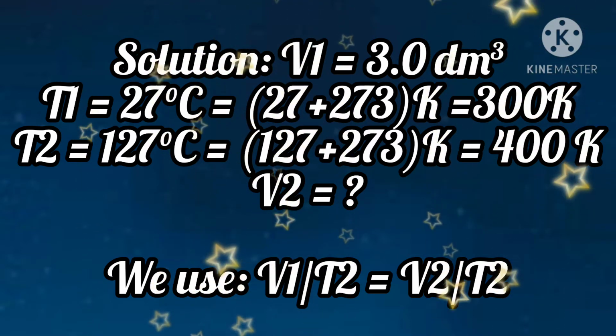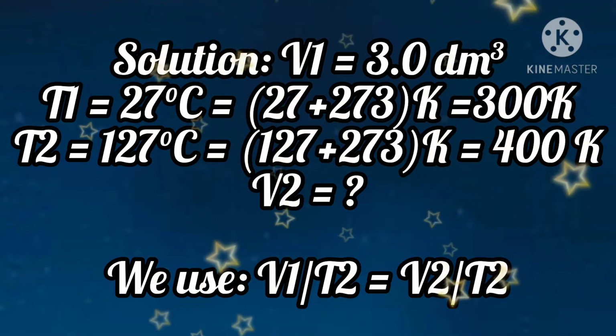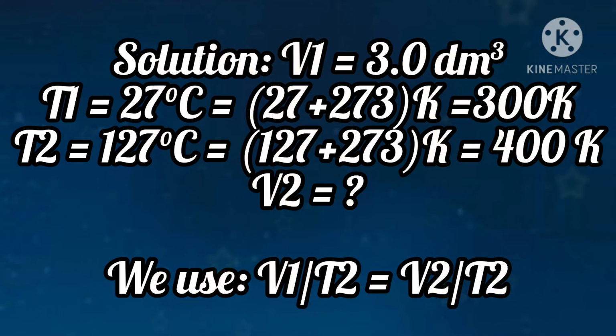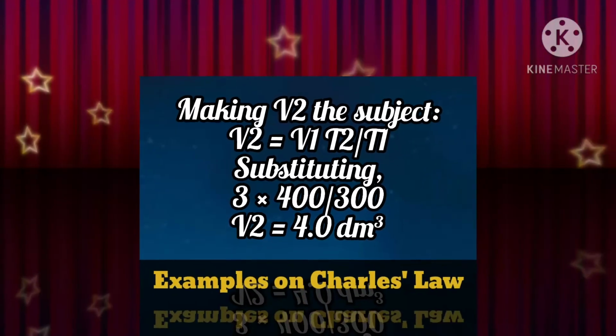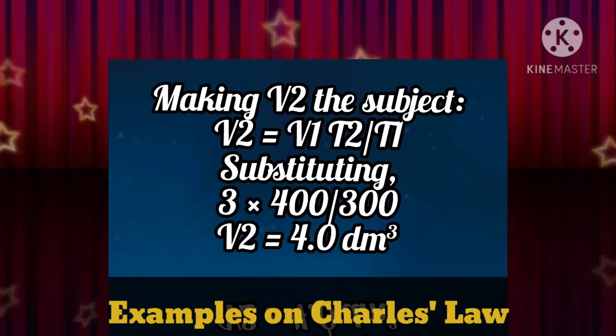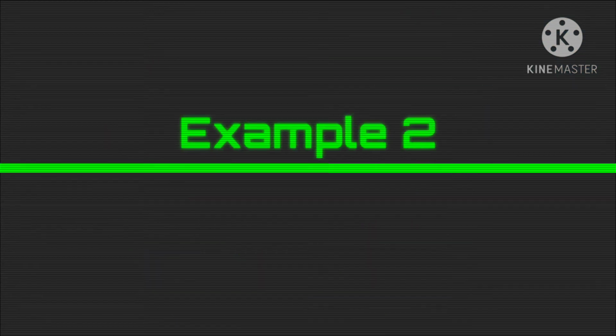Using V1 over T1 is equal to V2 over T2, and making V2 the subject of the formula, we have it that V2 is V1 T2 over T1, which is equal to 3 times 400 all over 300. And the answer is 4.0 dm cube.